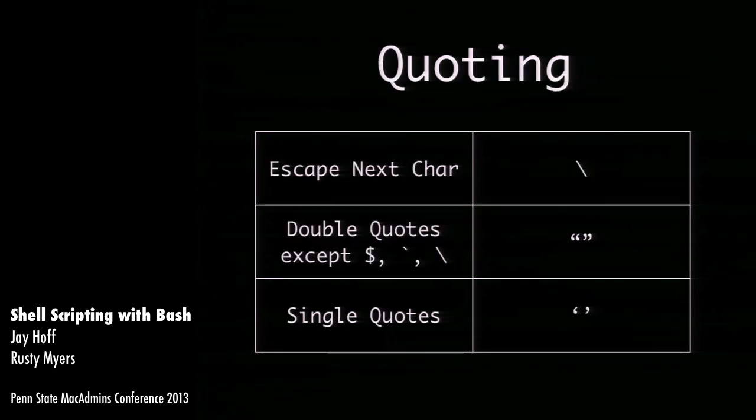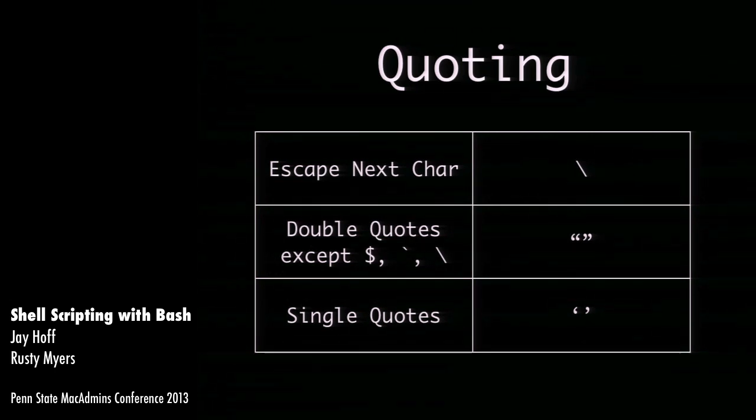So, quoting. What if you have a file that's called asterisk? It's a dirty trick to play on someone who doesn't really understand the command line. If you have a file named star, that's the only thing you see when you do an ls. So one of the commands to remove a file is rm.